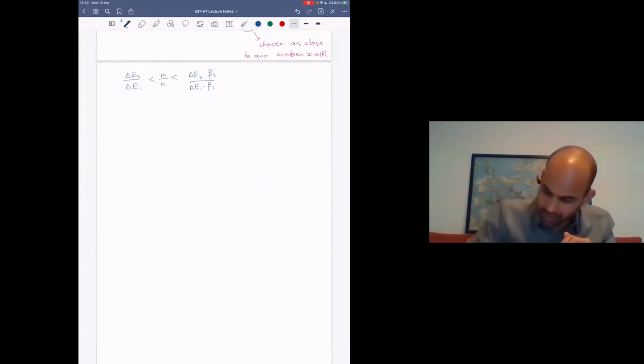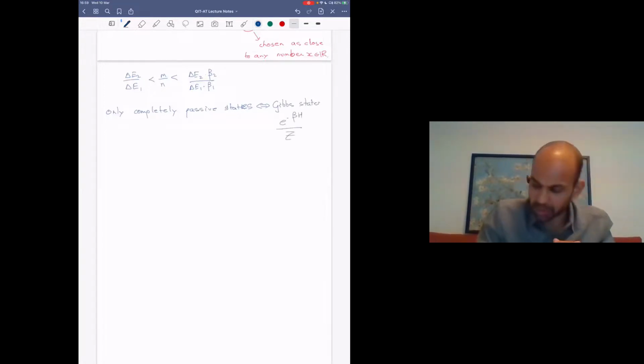And so the only completely passive states are the Gibbs states, e to the minus beta times H upon the partition function.